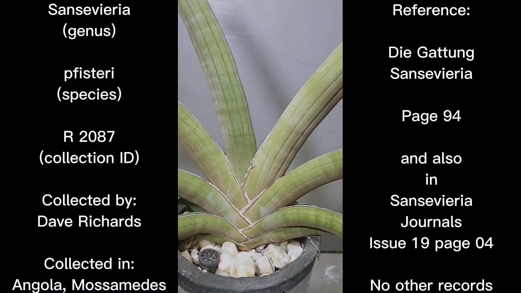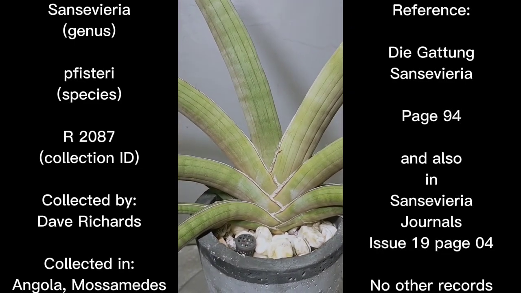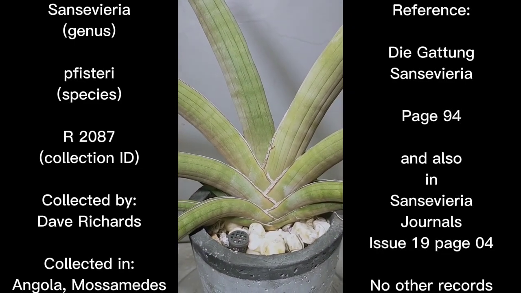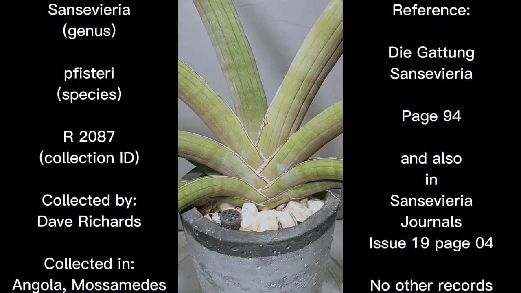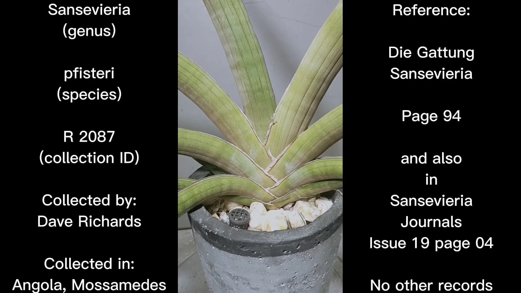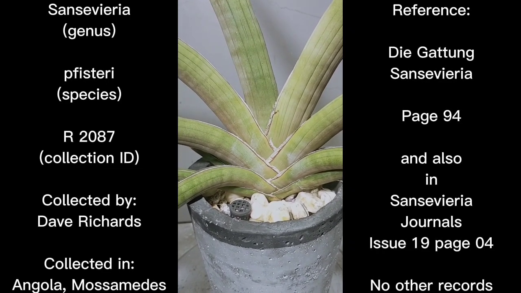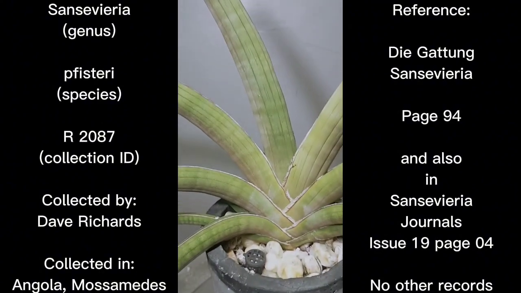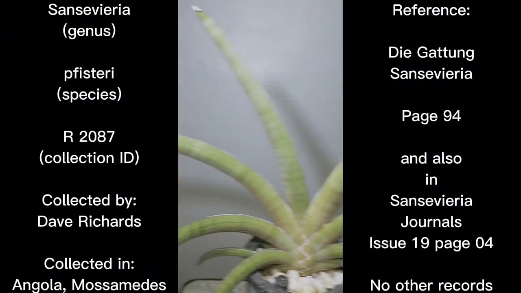There's only one collection number designated to it, having that Sansevieria ID. It's R2087, and it's tagged under Dave Richards' name. So going back, this is how the specimen looks.